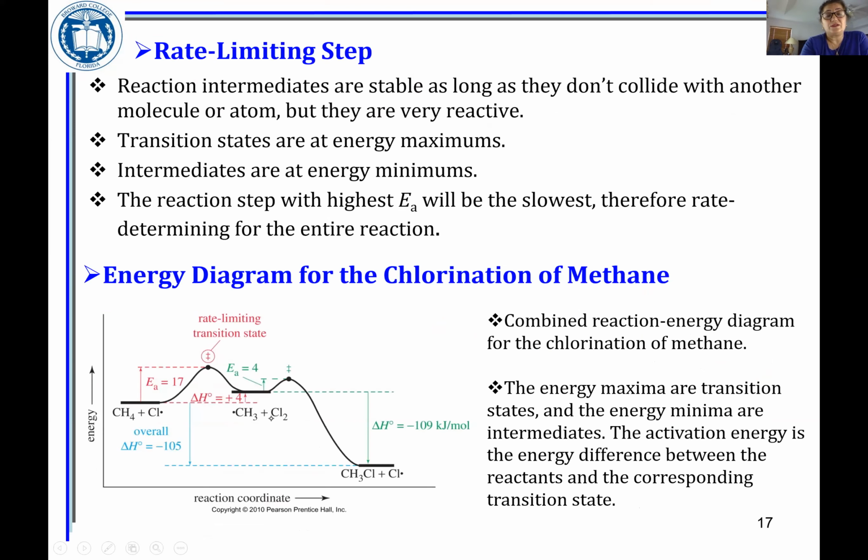In a two-step reaction, we talked about two activation energies, and the one with the higher activation energy is going to determine the rate of the reaction. So in this example, because it specifies a free radical chain reaction, if the free radical forms faster, the reaction is going to be faster.